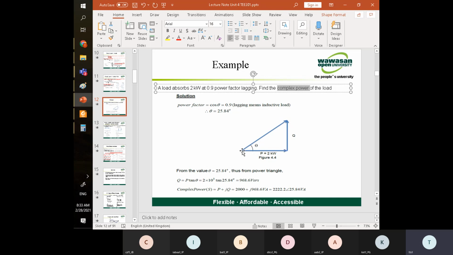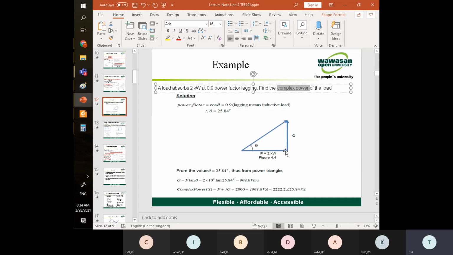Q is the second longest line, and the longest is S. So Q equals P tangent theta, because this angle is facing Q, so it's tangent.